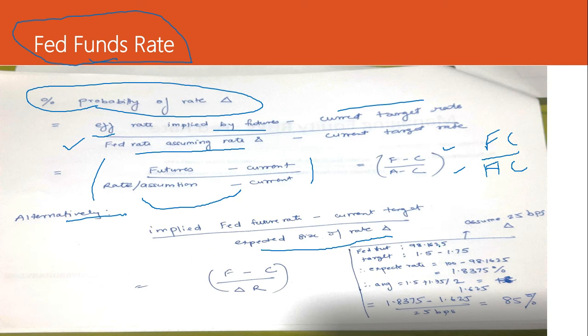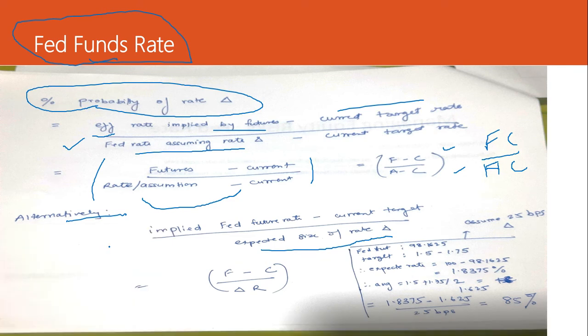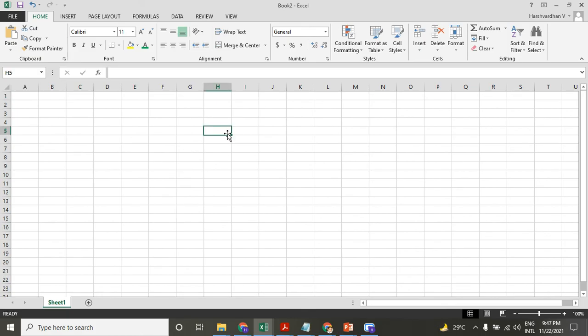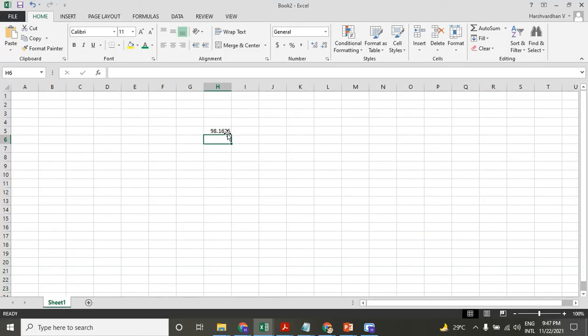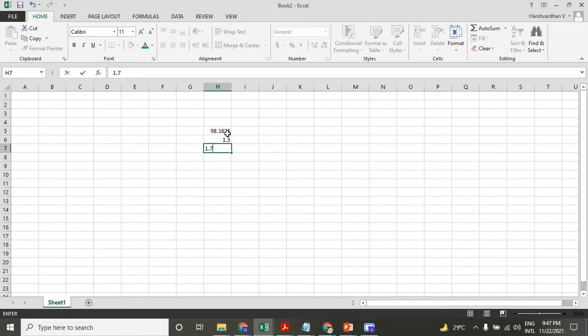So in the example in the book, the futures rate is written as, I'll just compute this in an Excel. It's simpler. So the rate is 98.1625, I think so. Yeah. And the target inflation is 1.5 to 1.75.